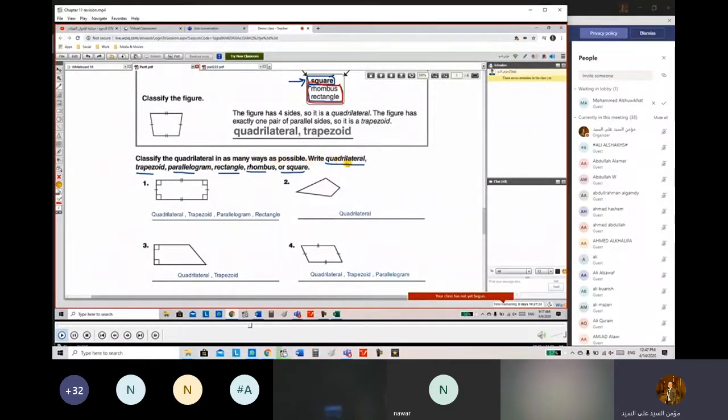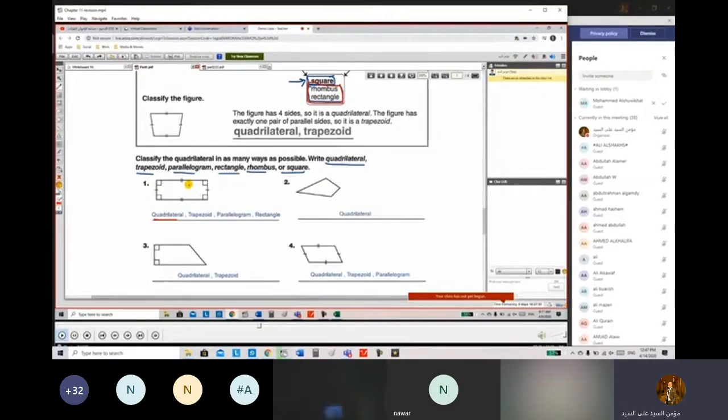We are going to write firstly quadrilateral, trapezoid, parallelogram, rectangle, rhombus, or square in the same order. Okay, so first one, we have four sides. If you want to classify a quadrilateral, you have to count the number of sides first. So we have four sides here, so you have to write quadrilateral first.